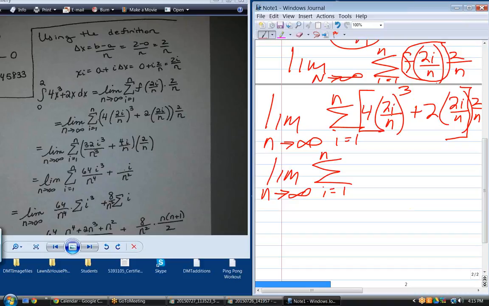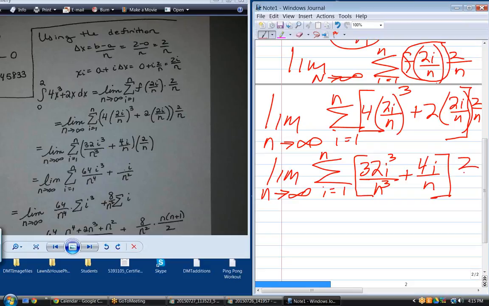Well, let's see, what's that cubed? 8I cubed over n cubed times 4. That becomes 32I cubed over n cubed. This part here becomes 4I over n.